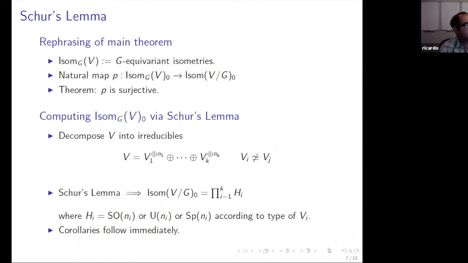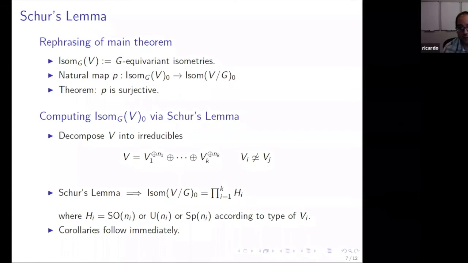For example, the fact that it's a group of classical type: if you take a product of groups like SO(N), U(N), and Sp(N), and you mod out by a normal subgroup, you're only going to see factors of the same type, torus, SO(N)s, U(N)s, SU(N)s, and Sp(N)s. So that's clear.